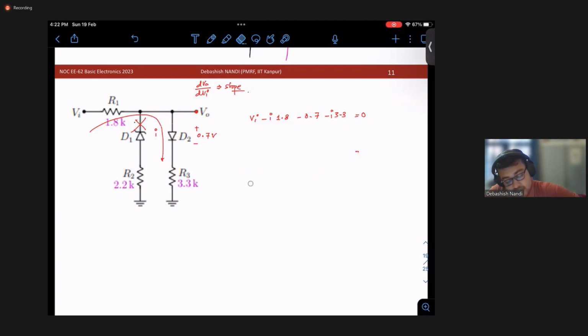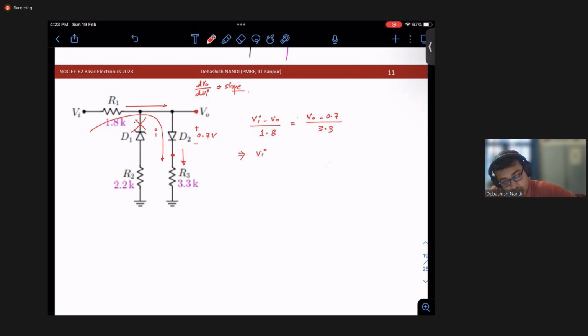Let's do it in a simpler way. Maths will be simpler. This current should be equal to this current. Then Vi minus V naught over 1.8 would be nothing but V naught minus 0.7 over 3.3, right?